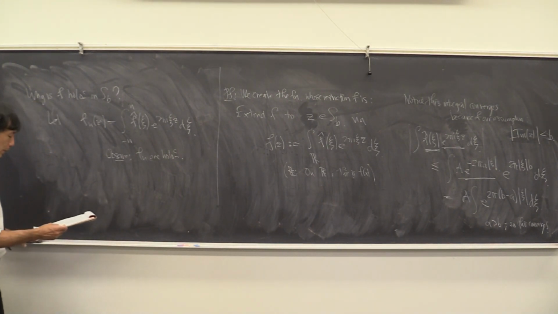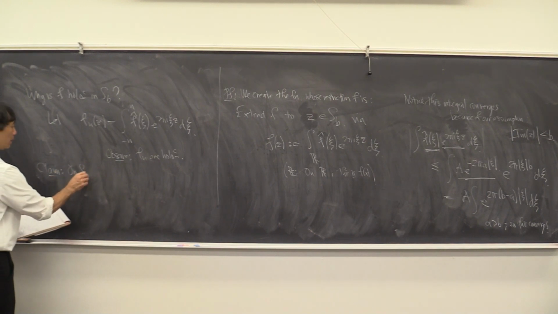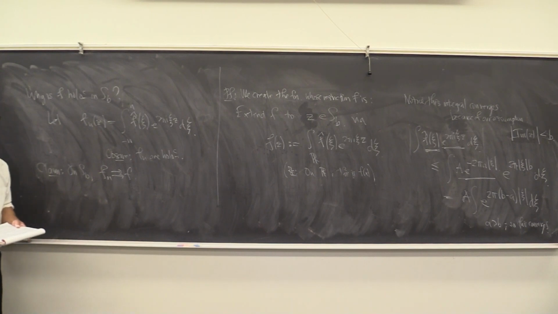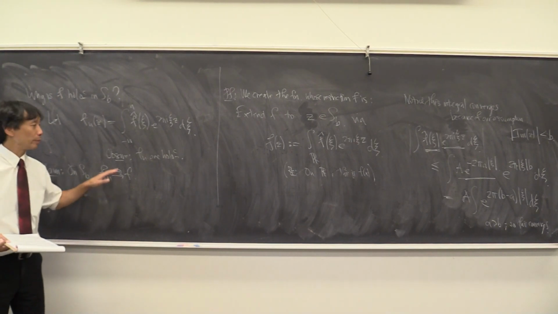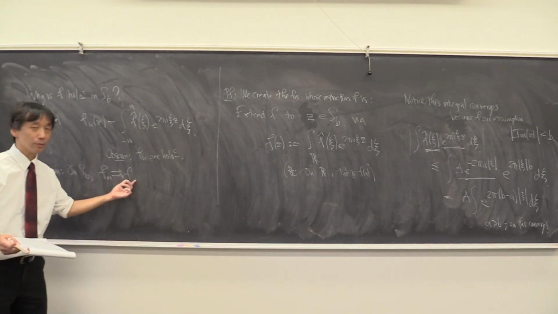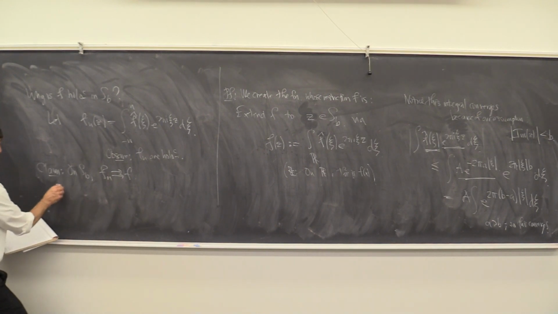Okay. So the claim is that on S sub b, the f sub n converge uniformly to f. And then that will do it for us, because we've got uniform convergence of holomorphic functions to a function which must be holomorphic. And what's the point?